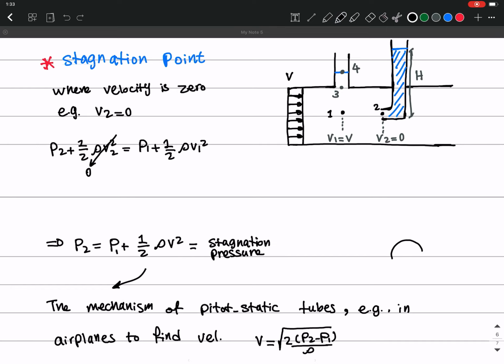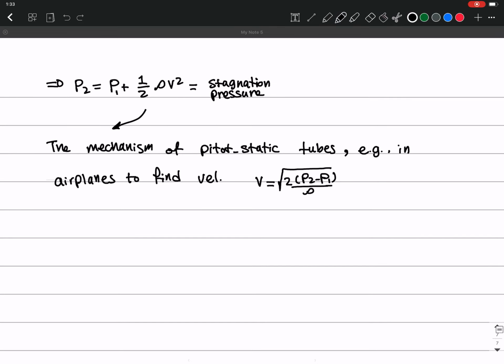Also, for example, if you have a bluff body, any bluff body, say a cylinder or anything, and the wind is blowing toward this bluff body. Okay, where do you think we call the stagnation point here?